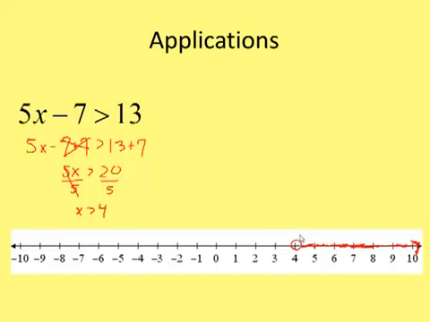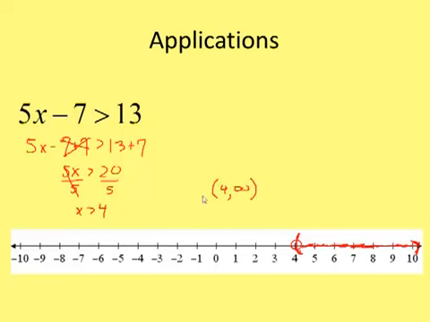Now that we know there's an open circle there, that means we're not including it, so we would put a parentheses. I usually like to just put an open circle first because I don't know which direction my parentheses is going to go, and then at the end I'll say, okay, well that's a parentheses. So now in interval notation, the answer would be 4 to infinity.